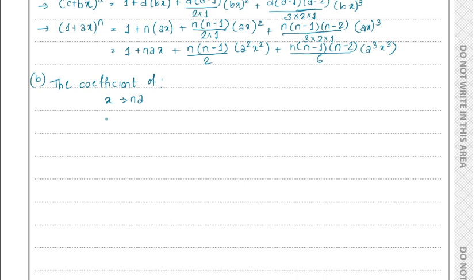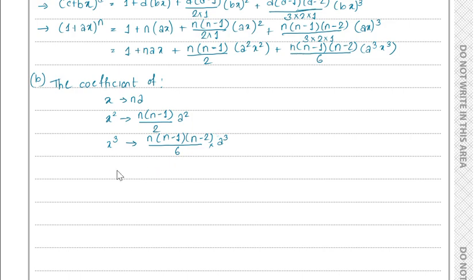And for x squared, the coefficient is n multiplied by (n - 1) divided by 2, a squared. The coefficient of x cubed is n multiplied by (n - 1) multiplied by (n - 2) divided by 6, you can just write that, so divided by 6 and multiplied by a cubed.